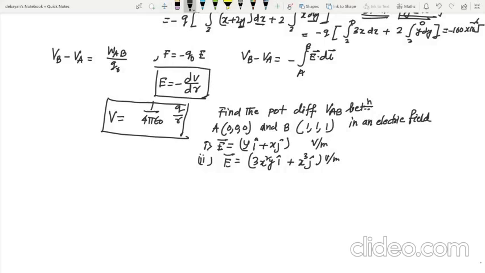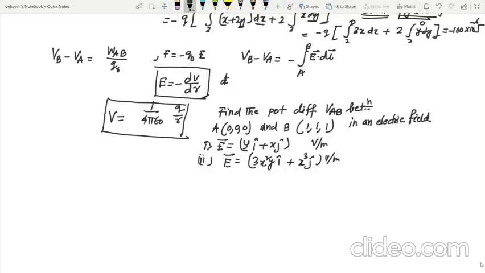If we want to find the potential difference, it can be written as E dot dr. This is nothing but the formula for finding the potential difference, that is the dot product.